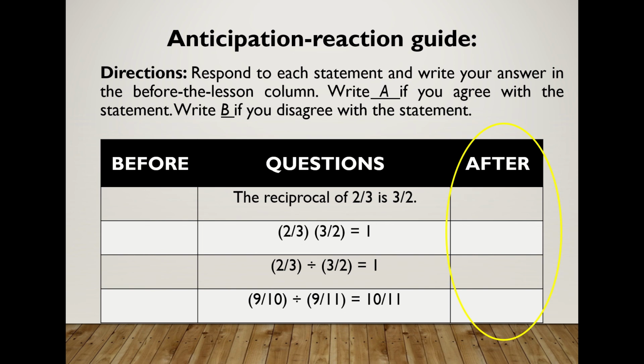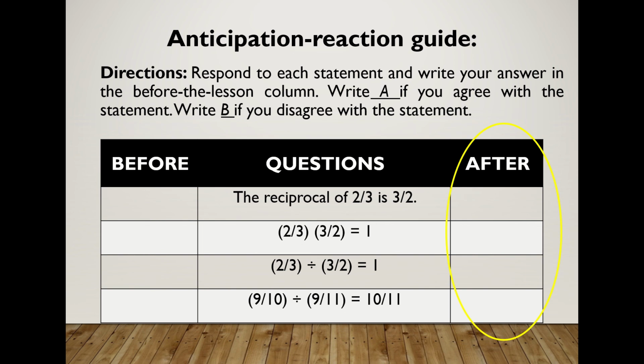The reciprocal of 2 over 3 is 3 over 2. Write A if you agree. Write B if you disagree. Number 2, 2 over 3 times 3 over 2 is 1.